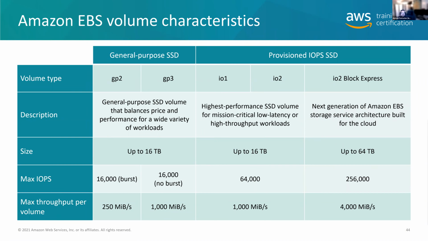Notice those transfer rates, by the way, at the bottom, the max throughput per volume. So you got basically 4 gigabytes for the IO Block Express. You got 1 GB for the provisioned IOPS, and you've got, looks like, 1 GB for GP3, which is respectable.